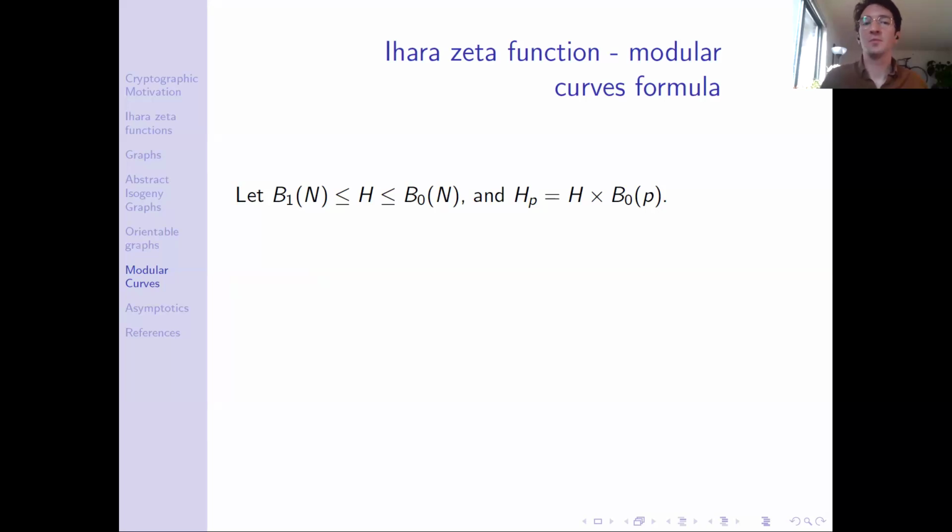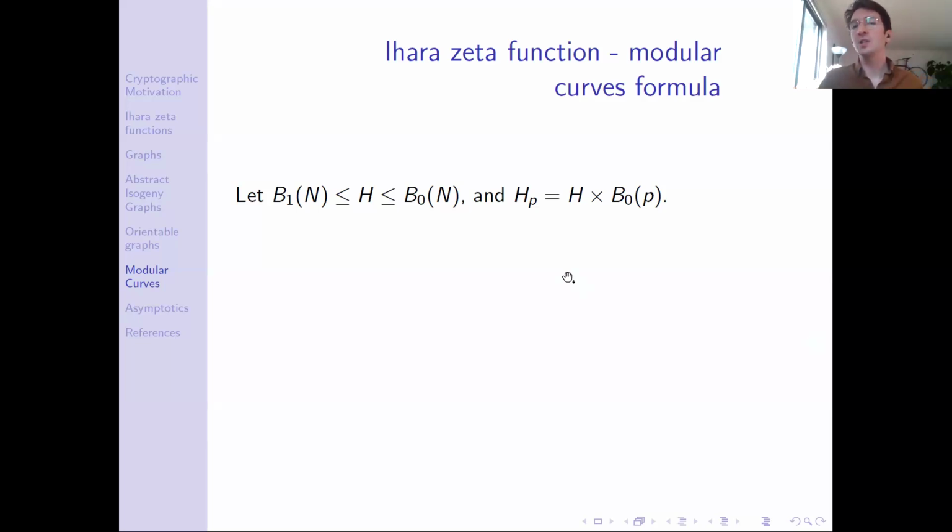So for technical reasons, we need our H to be between the Borel level structure and what I believe is called arithmetic level structure. So on the right, the level structure is identifying a cyclic subgroup of size n in the n torsion. And on the left, it's identifying a point of order n. So as long as your H is not worse than the level structure that identifies a particular point, then we can get this theorem.